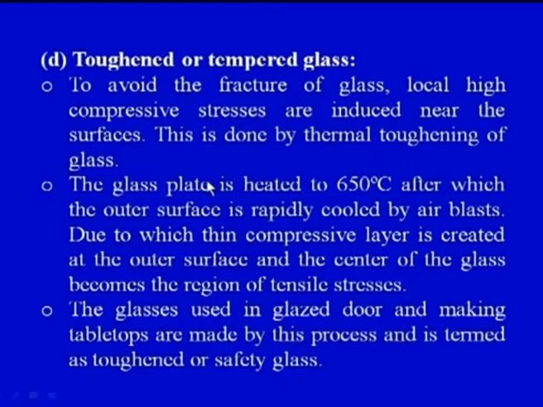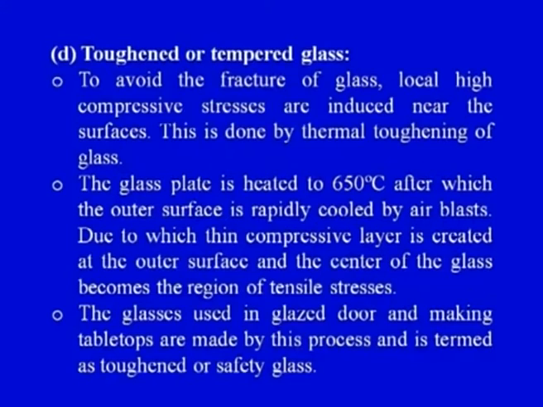Now, how thermal toughening is done, that we can see. The glass plate is heated at 650 degrees centigrade, after which the outer surface is rapidly cooled by the air blast. We have seen that the glass plate can be manufactured by any method.